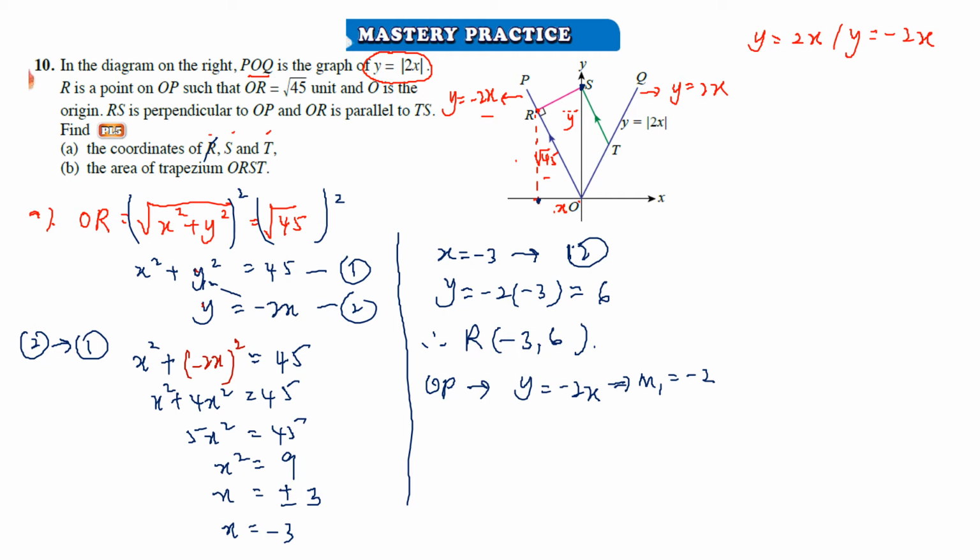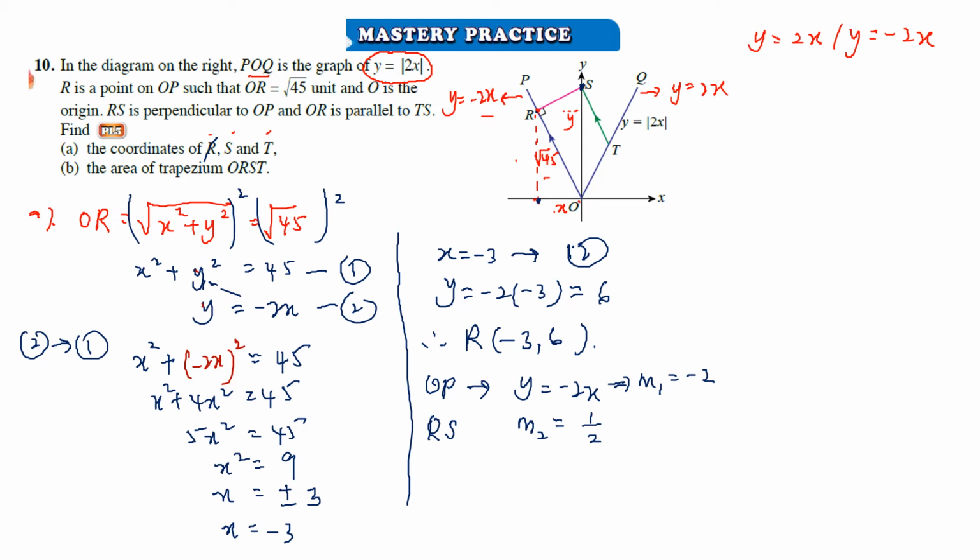But RS is perpendicular to OP, so RS will take m2, which is positive 1 over 2. Okay, so we can obtain the equation of RS now.